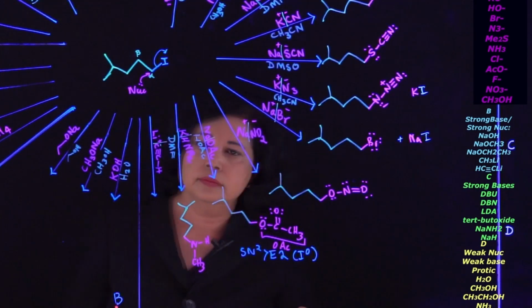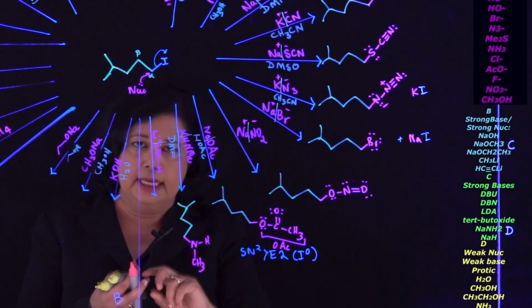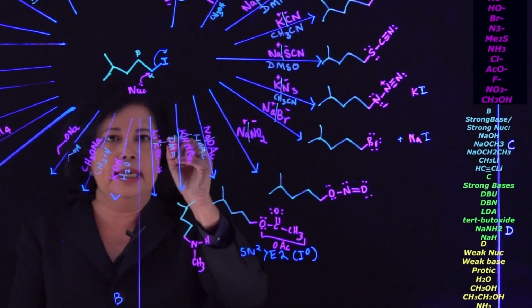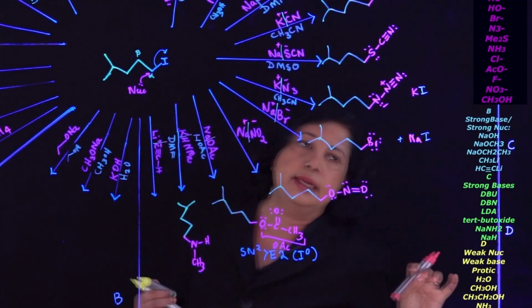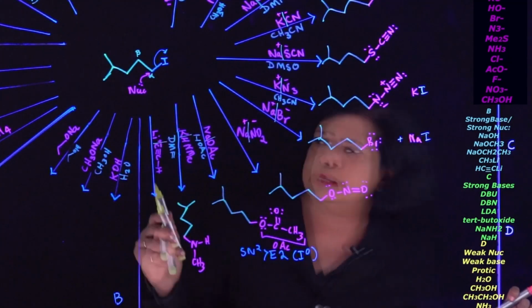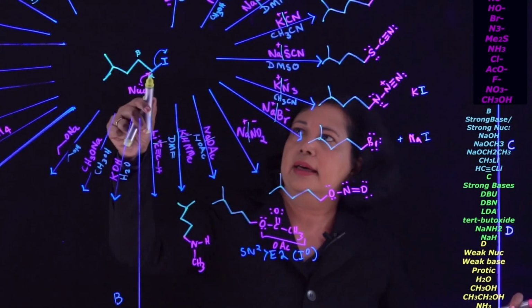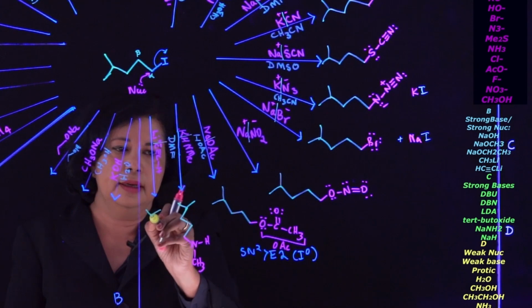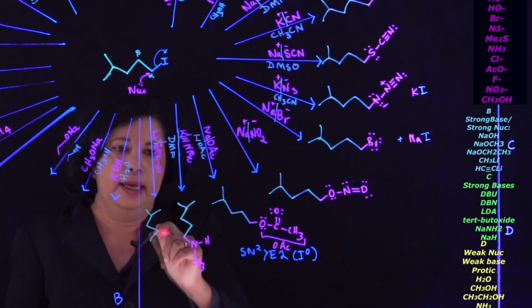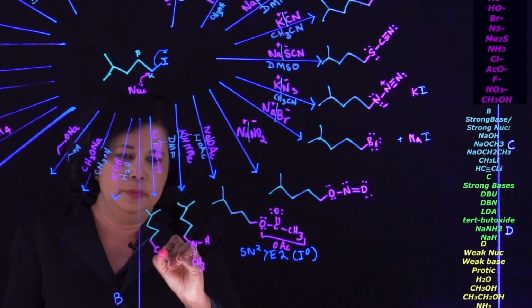Here's your acetylide. Same thing, your acetylide has got a pair of electrons here on that carbon that are non-bonded. So it's an anion. And the anion kicks in, makes a sigma, and kicks out your iodine. So you would have a carbon with a triple bond.